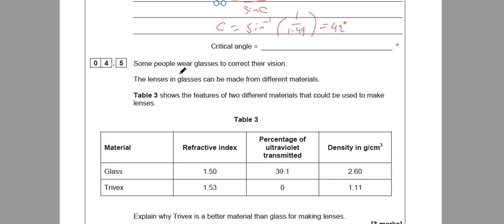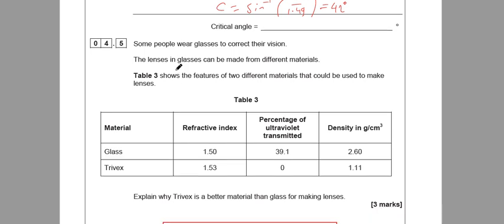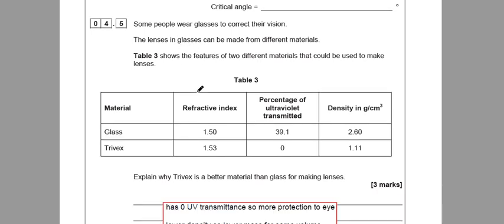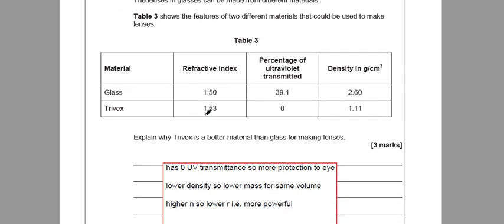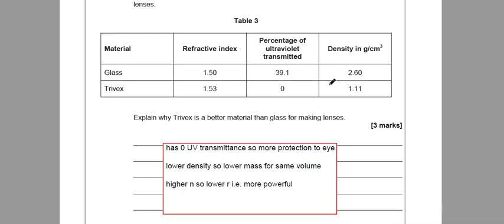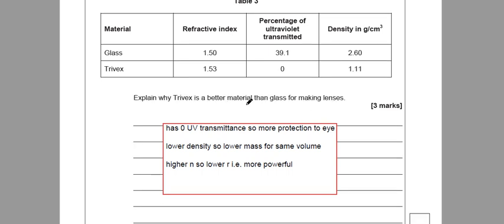Some people wear glasses to correct their vision. Lenses in glasses can be made from different materials. The table shows different materials, the refractive index, percent of UV transmitted, and density in g per centimeter cubed. Explain why Trivex is better than glass for making lenses. First, it has zero UV transmittance, so more protection to the eye.